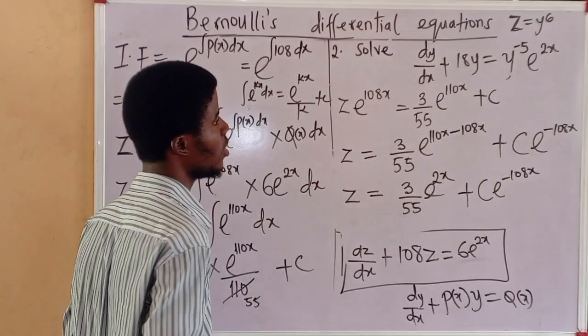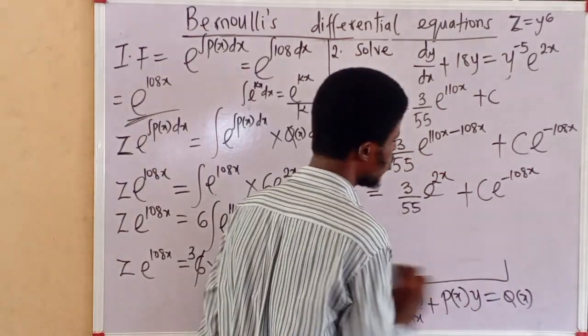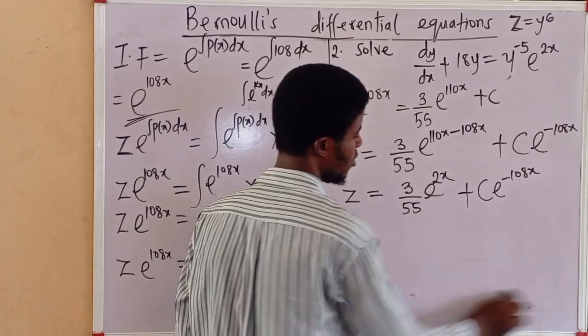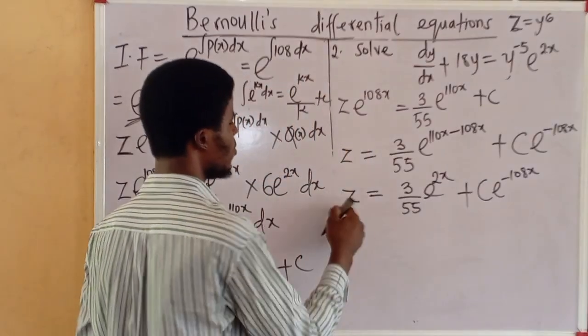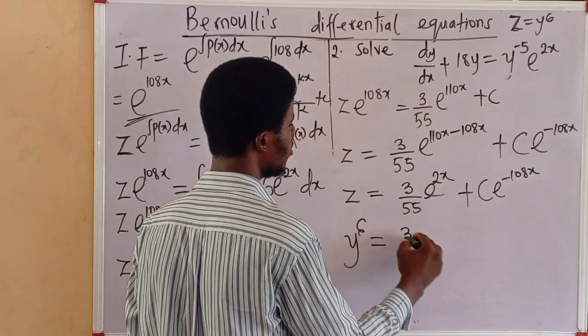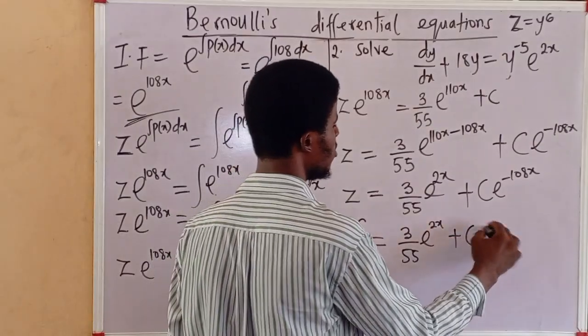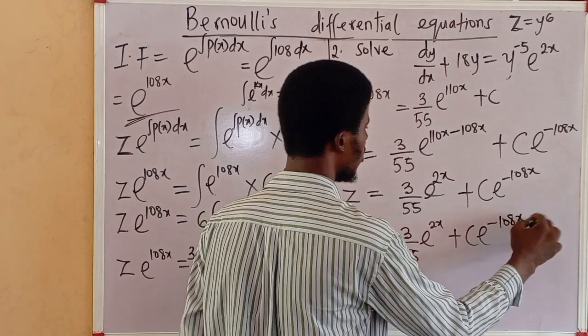Alright, we are done. But remember that z is equal to what? y to the power of 6, like we said earlier. So this now becomes y to the power of 6 equals 3 over 55 e to the power of 2x plus c e to the power of minus 108x.